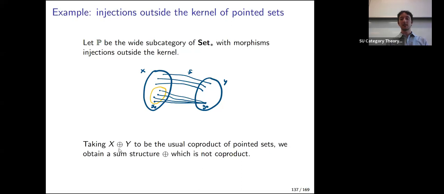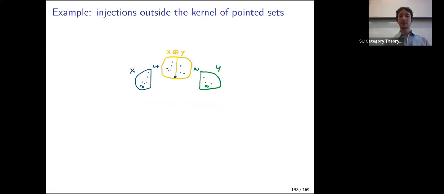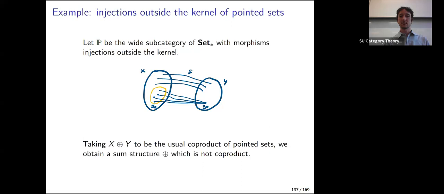If we take the sum over here to be the usual coproduct of pointed sets, then we obtain a sum structure that's not a coproduct. And it turns out that this thing is pointed, which is quite remarkable because pointedness trivializes extensivity of coproducts.